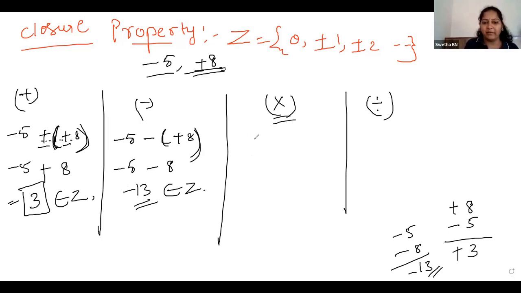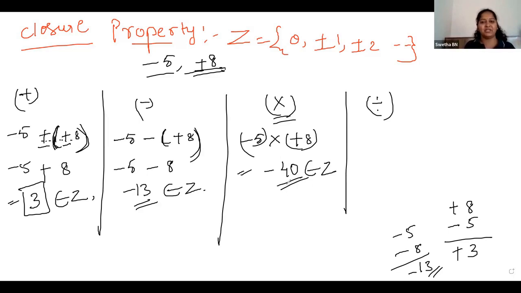Now let us multiply. -5 into +8. What are we doing? Already I told you, you should multiply the signs first. So minus into plus is minus, 5 eights are 40, so -40 comes. Is this an integer? Yes, -40 is an integer. It belongs to Z.